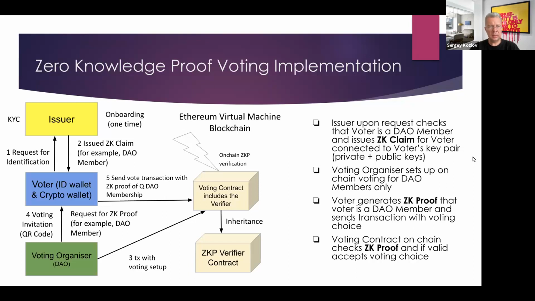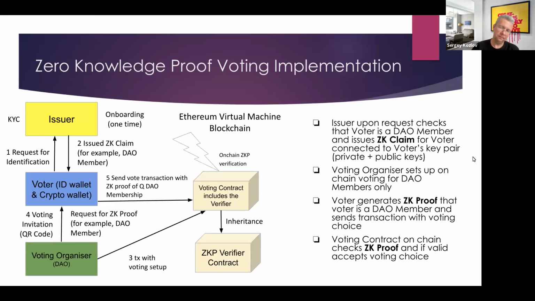Then we have some voting organizer, that's the DAO. Members decide on a specific question. And they put this data on chain, and we have a so-called voting contract on chain. If our voter wants to vote for a specific question, he or she sends a transaction with a ZK proof that this address is a DAO member, and the decision, we vote yes or no for this decision.